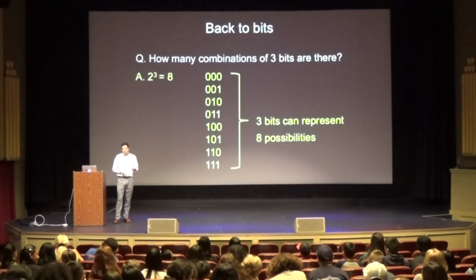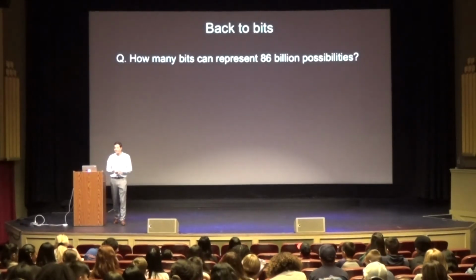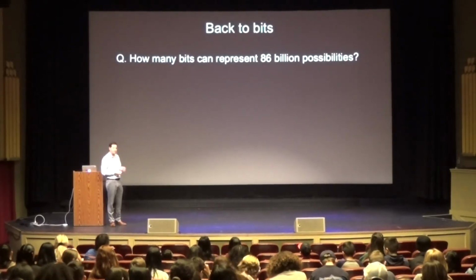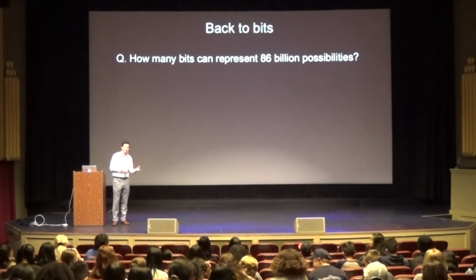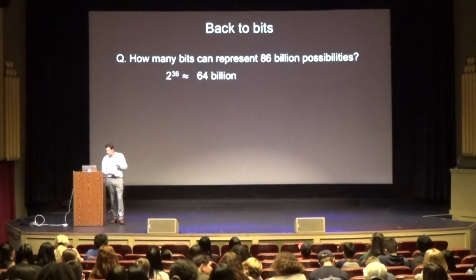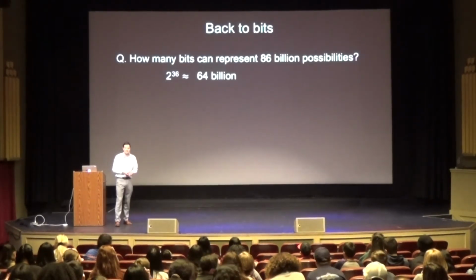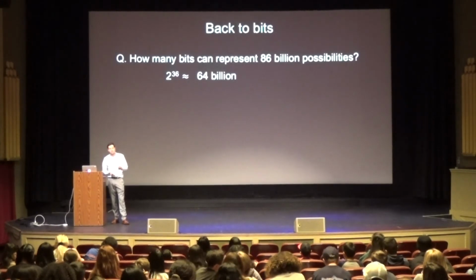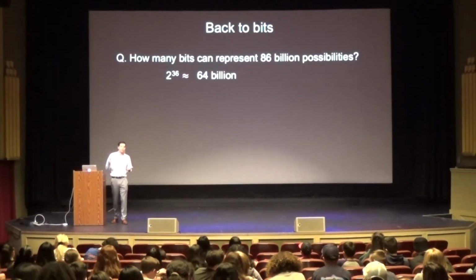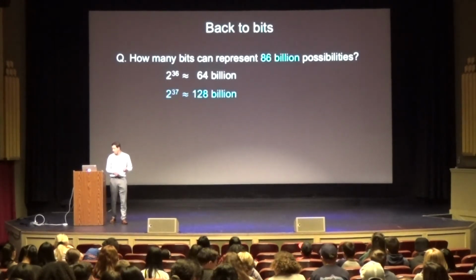So now the question that's related to our problem: how many bits can represent 86 billion possibilities? Because we have 86 billion neurons in the brain. This question is a little bit hard, so let's think about this. If you had 36 bits, 2 to the 36 is about 64 billion. 64 billion is not enough. We would have about 20 billion neurons left over without a unique label.